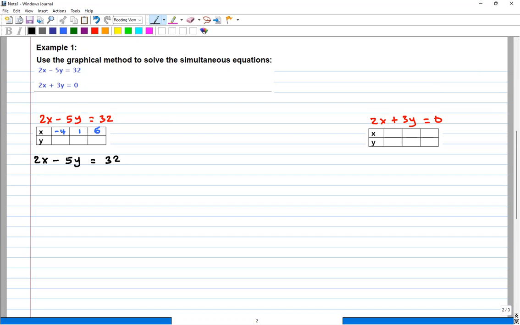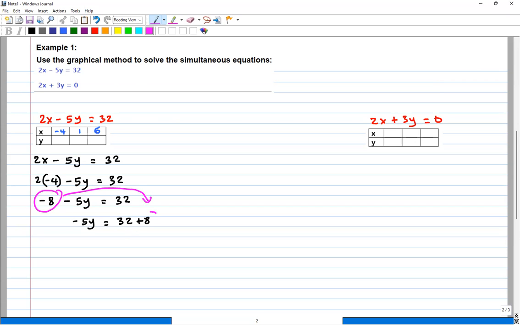This time x is minus 4. So we say 2 times minus 4 minus 5y is equal to 32. So 2 times minus 4, that is minus 8. Then minus 5y is equal to 32 plus 8. So remember that this 8 has to be taken this side. So it is minus.